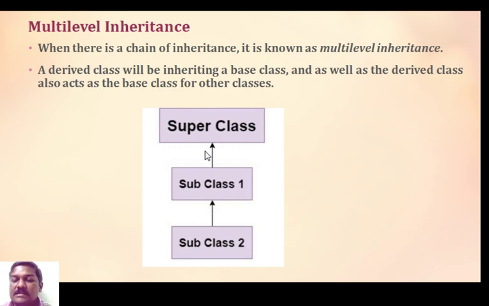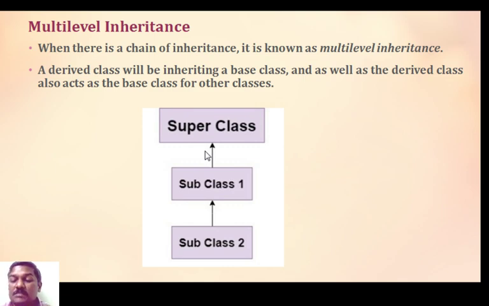For instance, suppose we have a superclass, and suppose we derive a class called class 1. So class 1 is the derived class of the superclass. Similarly, assume that class 1 will be the superclass of another class called class 2.